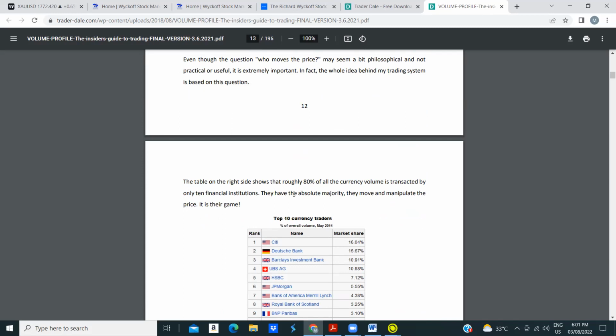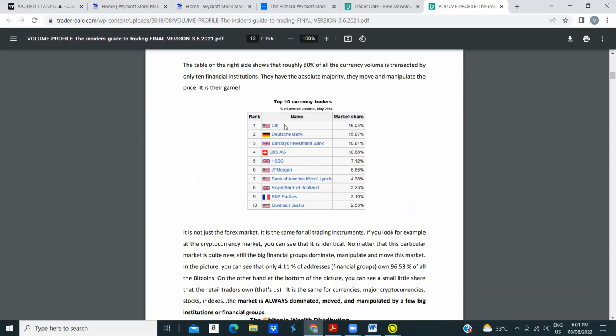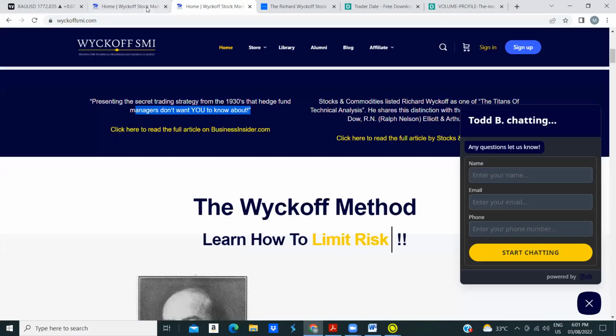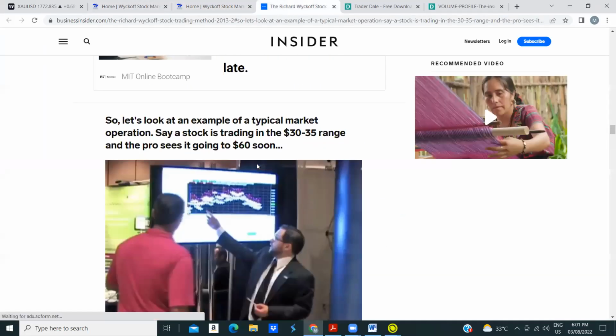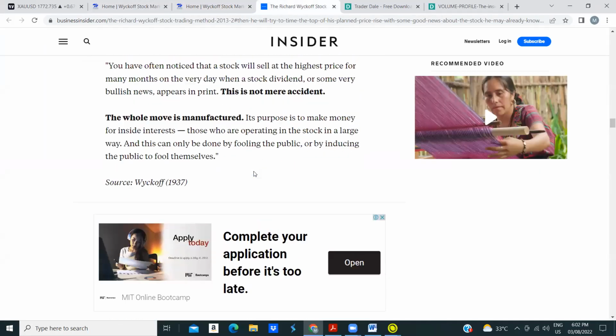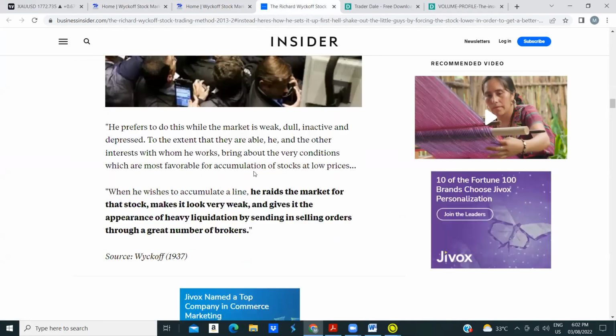I'm not saying that all of these banks are trading in the same direction. They may be trading in different directions. But the point is that we consider all of these banks as one big trader. That's what Wyckoff used to say. Wyckoff said to consider all of these people as one big trader.